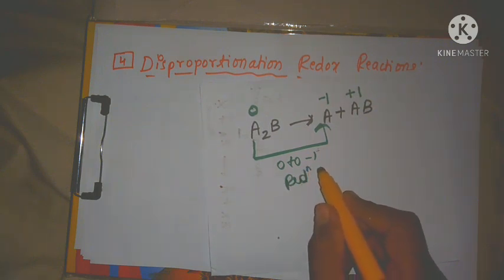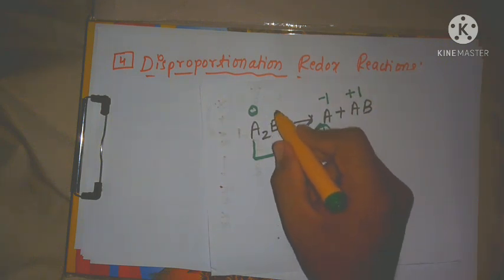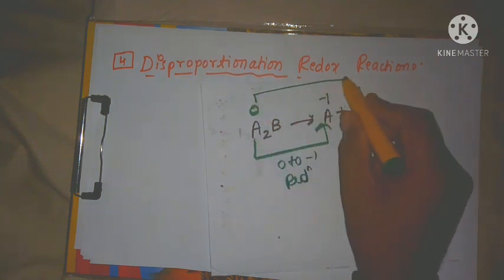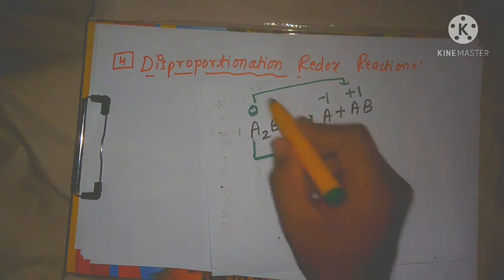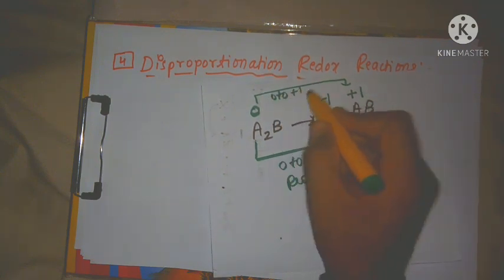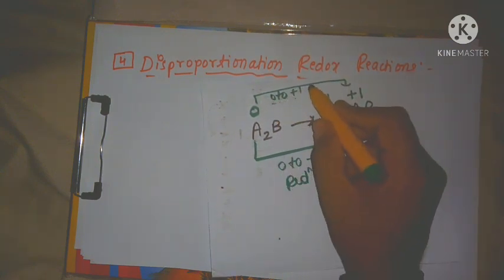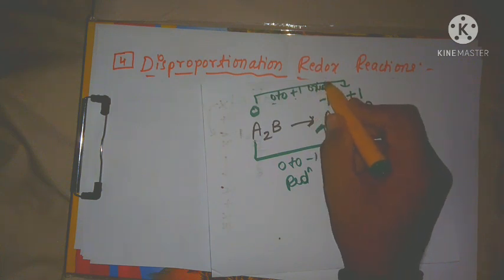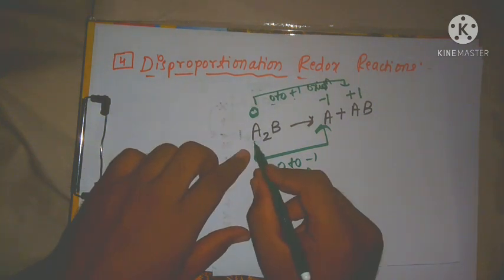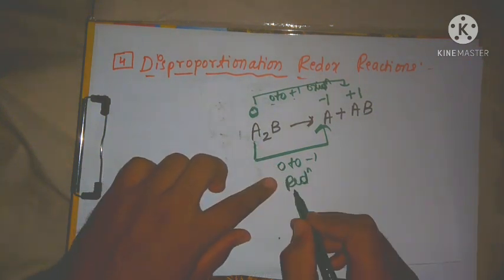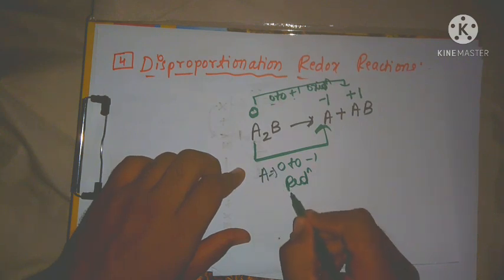Now if you check this one, 0 to +1, the oxidation number of A is increasing. That is oxidation. Here the oxidation number of A changes from 0 to -1, that is reduction.